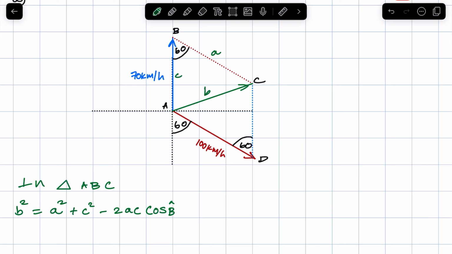So we have everything here except the small letter b, which in this case is the velocity of A relative to B, essentially.